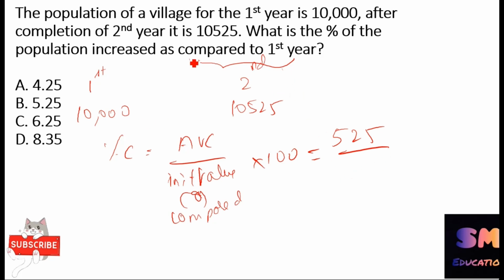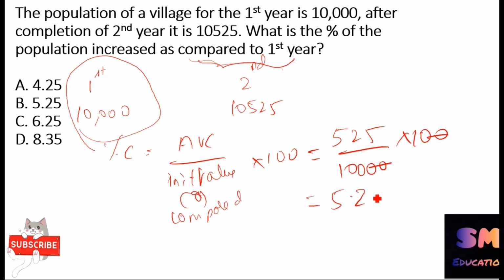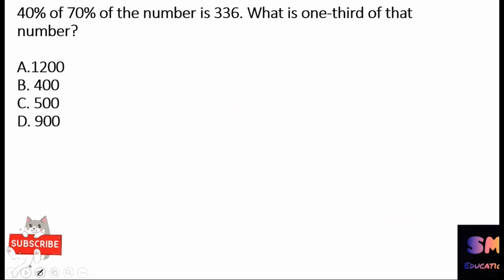They compared with the first year, so we have to take the first year as the initial value. Upon first year 10,000, into 100. By cancelling this, we get the answer as 5.25. So therefore percentage change is 5.25. Answer option B, 5.25.